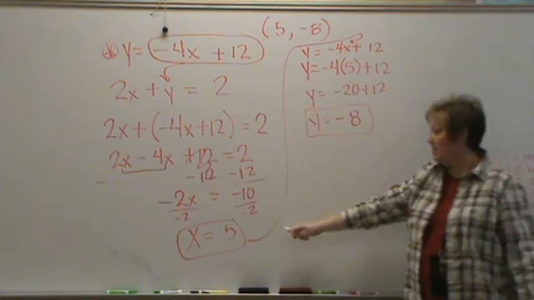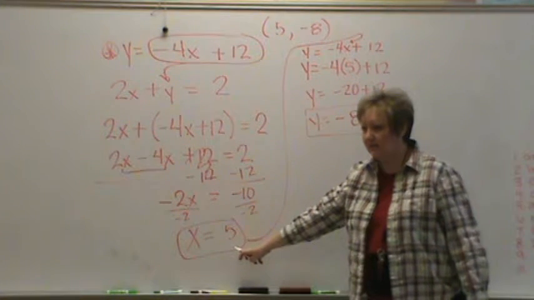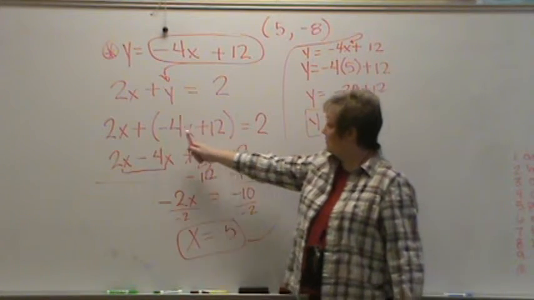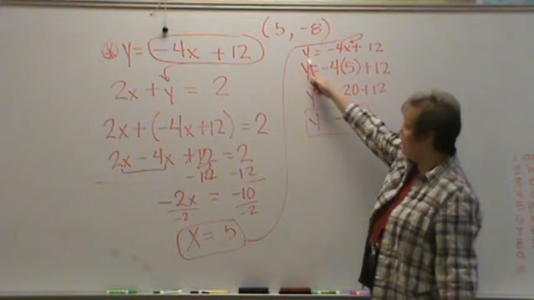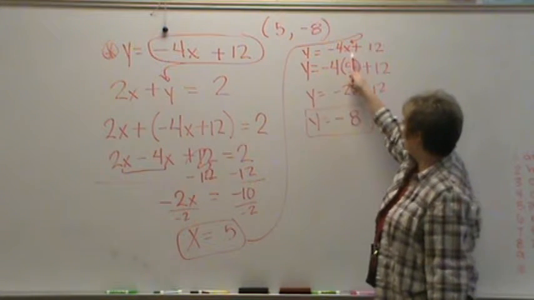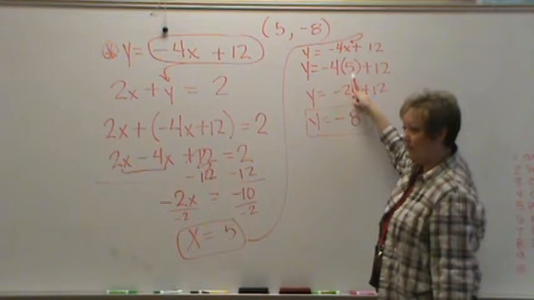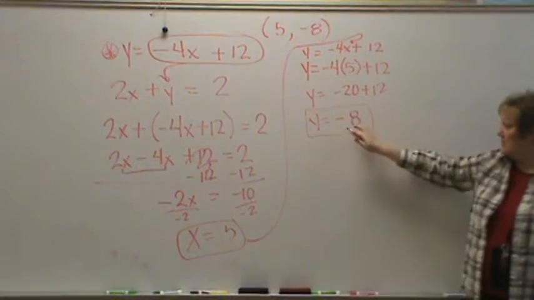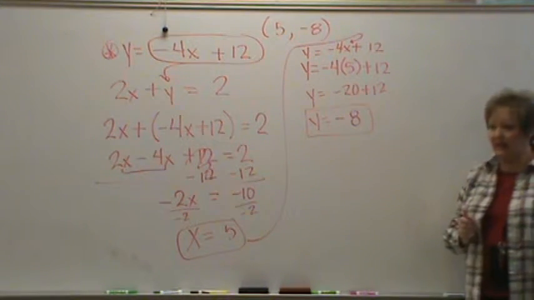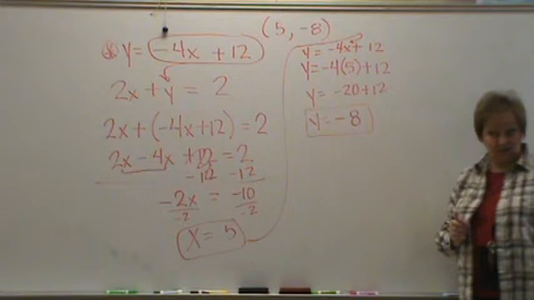I can do that. Since I solved for x by substitution, I can solve for y by substitution. Take this equation, replace x with 5, work it out using my order of operations, and get my answer, y equals negative 8. Better?